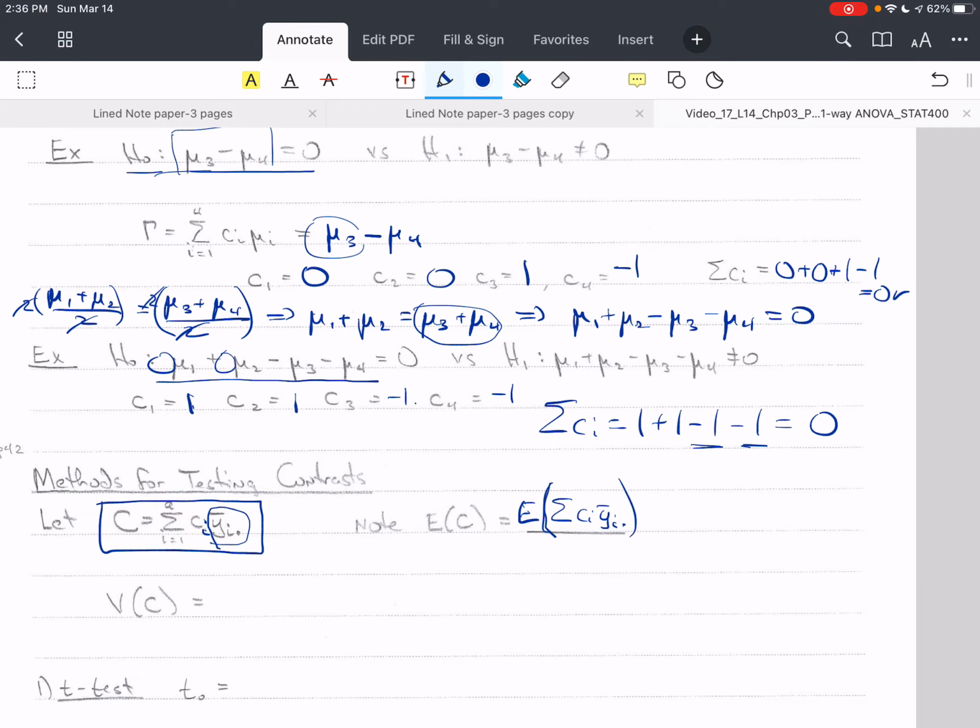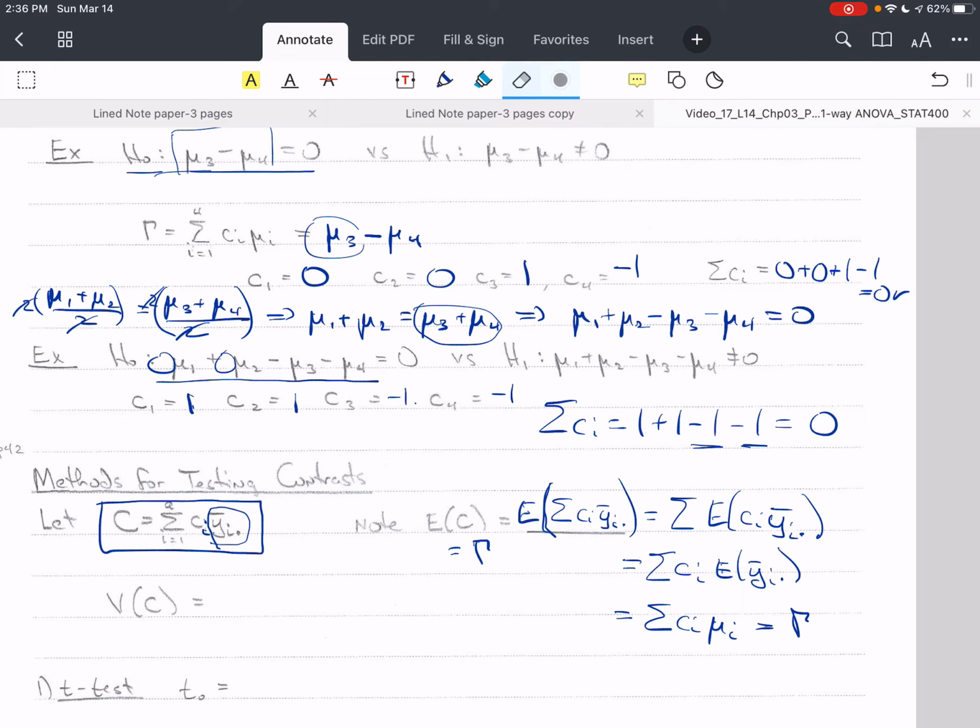And the expectation of the sum is the sum of the expectations, so I can bring E in. Then Ci is a constant, so this is equal to the sum of Ci E of yi.bar. And the expected value of yi.bar is mu I. So this is the sum of Ci mu I, which is equal to gamma. So the expected value of C is equal to gamma.